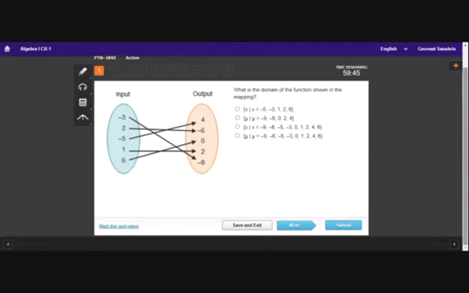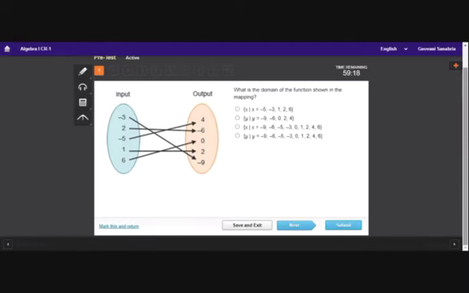You kind of think of it as like a machine, like a little box. You put something in, and the function is the box, and then it's gonna spit something out. This picture is representing a function. If you plug in a -3, it spits out a -9. If you plug in a 2, it spits out a -6. So that's just the idea of what this function does.